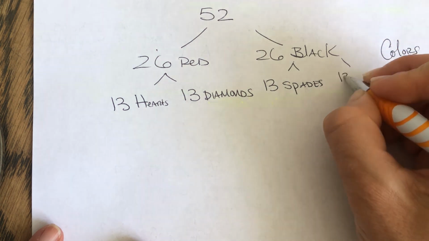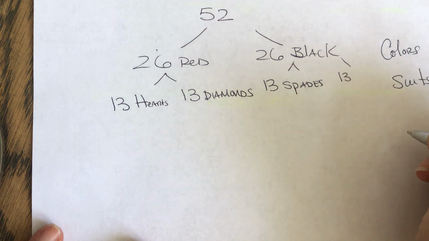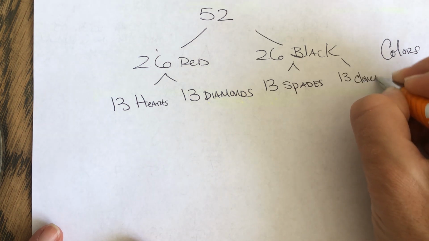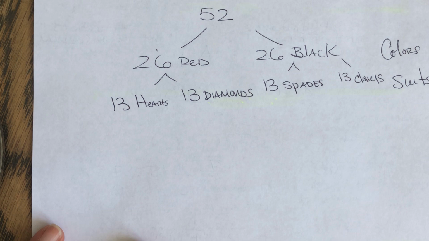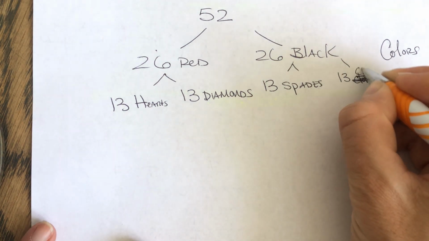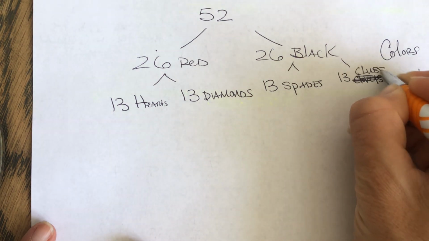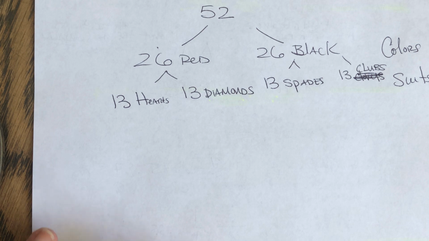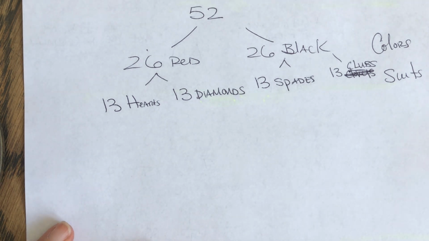And then you also have 13 clovers? Are they clovers? Huh. No, I can't think. I think they're called clovers. Spades, diamonds, hearts, clubs. Oh my God. Yay. Okay. Clubs? Oh, I don't remember my cards anymore. Hold on 1 second.